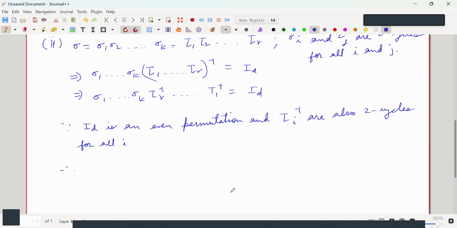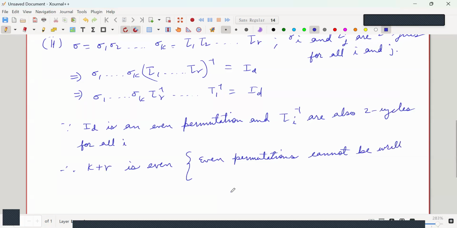So this means that k plus r is even. And the reasoning is even permutations cannot be written as a product of an odd number of transpositions.